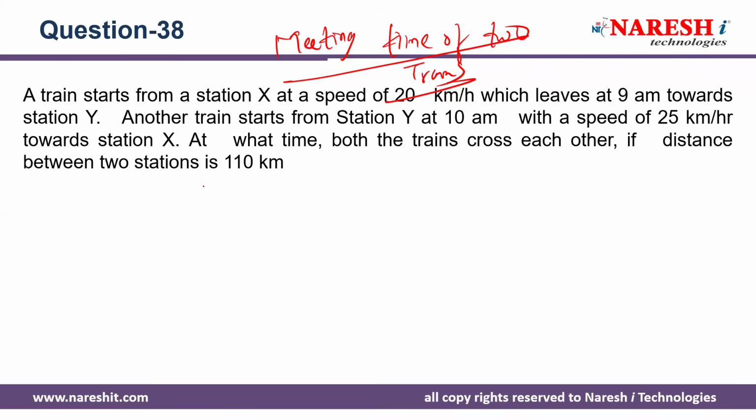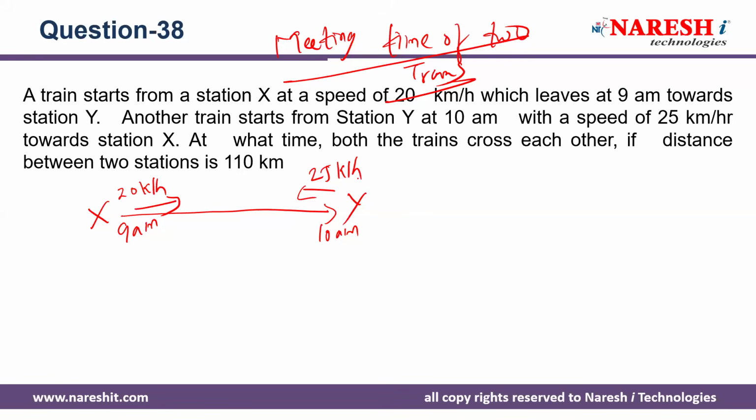See how to do. A train starts from X towards Y at a speed of 20 kilometer per hour, leaving at 9 a.m. Another train starts from Y at 10 a.m. with a speed of 25 km per hour.